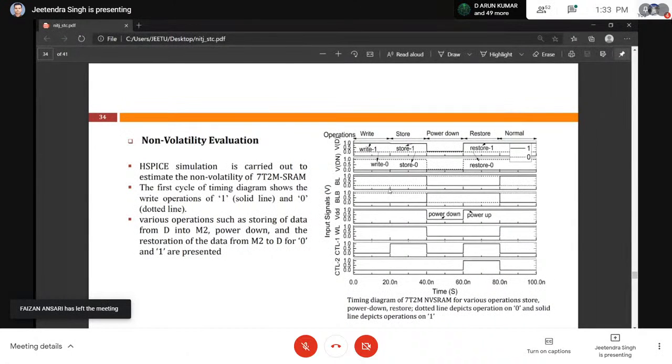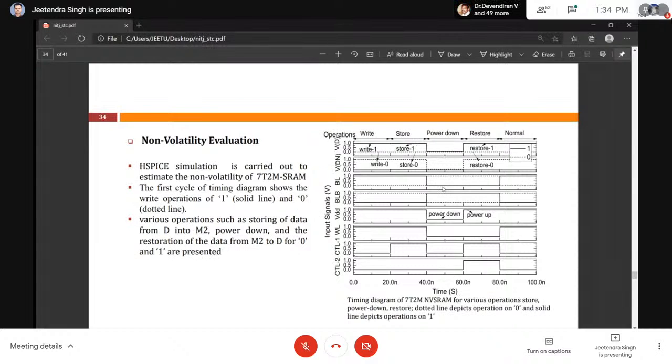BL is 1, BLB, the bit line bar, is 1, and we can see the value at the data node. The voltage at the data node VD is also 1. And the data at Q bar, the other node of the SRAM, that is node DN bar, is 0.